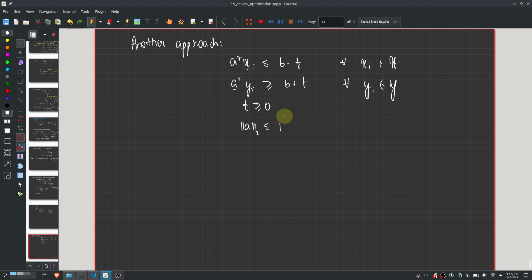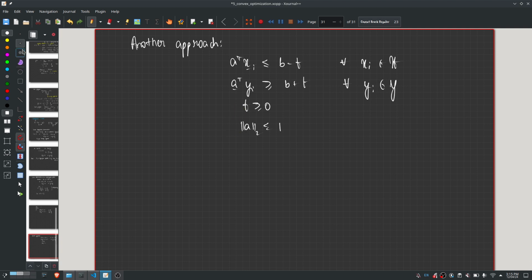I don't have too many a, b's that describe the same hyperplane. So one way of interpreting this formulation is that I add a buffer area around the hyperplane of plus t and minus t.